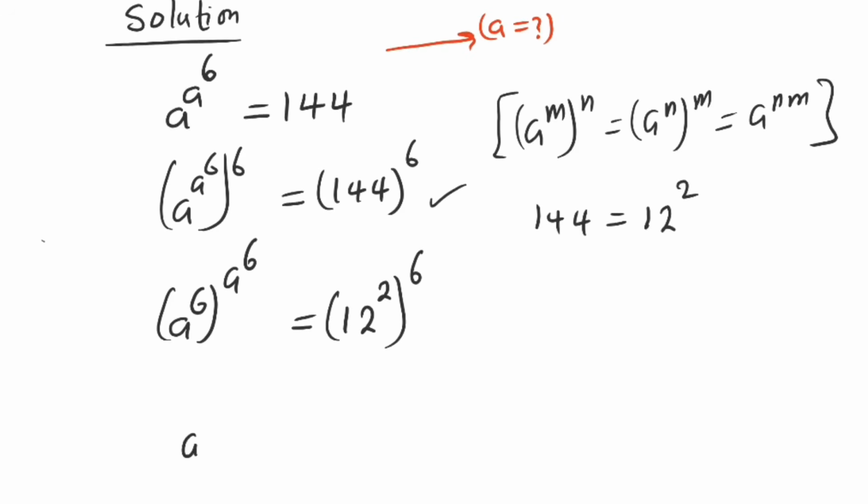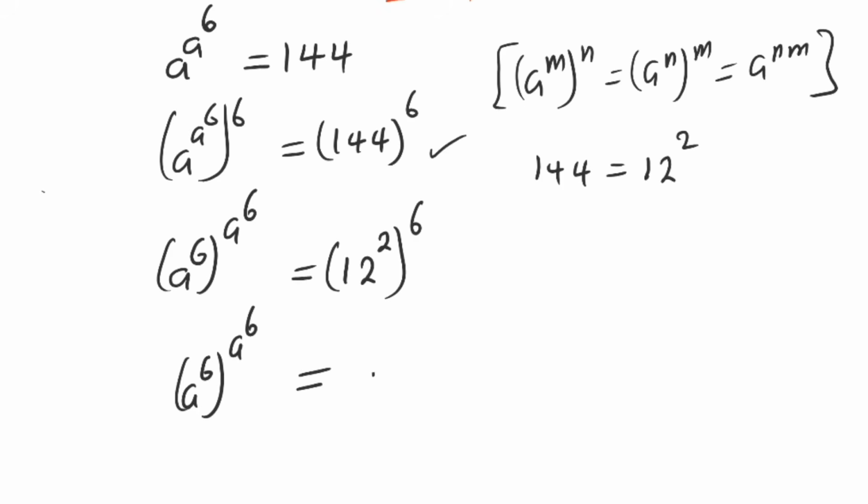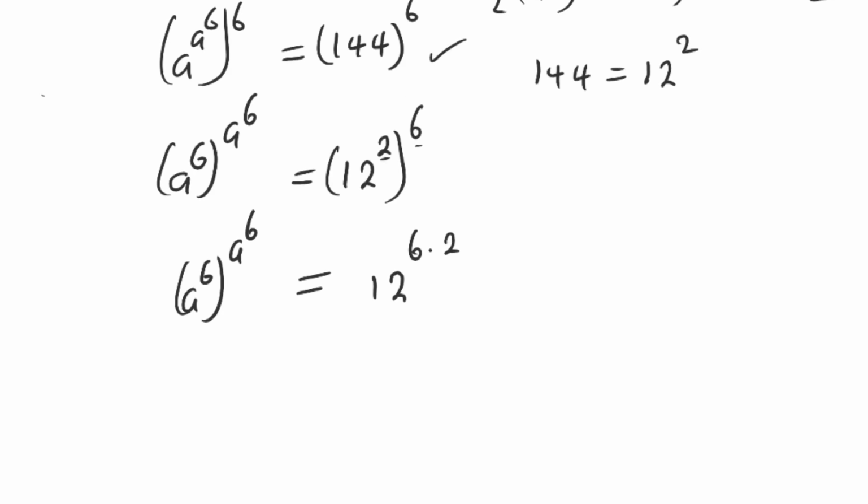Then we have a raised to power 6 to the power of a raised to power 6 is equal to 12 to the power of these two multiplied by 6.